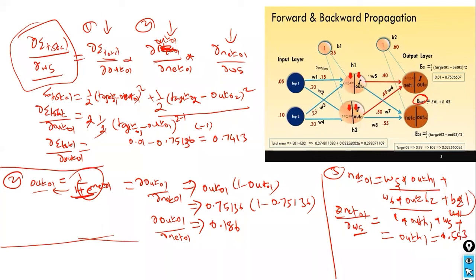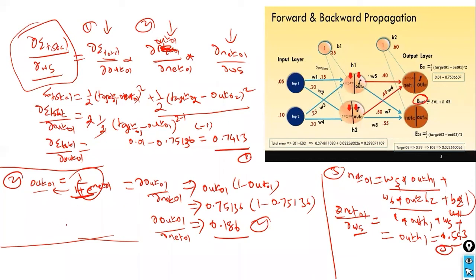So we computed the values for all these three things. For this, the output is this one, and for the second part, this is the one we are getting, and for this derivative, we got this value. So if you put all these three things, this is 1, this is 2, and this is 3.